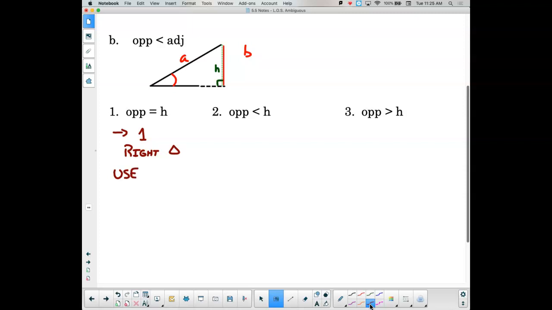What do we use in right triangles? Am I going to use the law of sines? I only have one side. Actually, no, I do have two sides. So I could use the Pythagorean theorem. And could I just use SOHCAHTOA instead? That's the easy scenario.